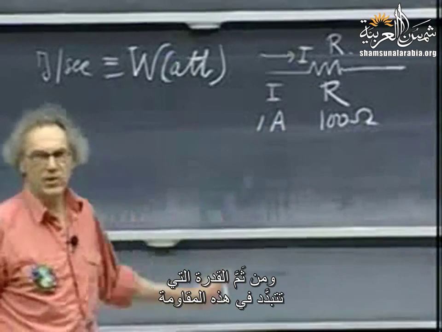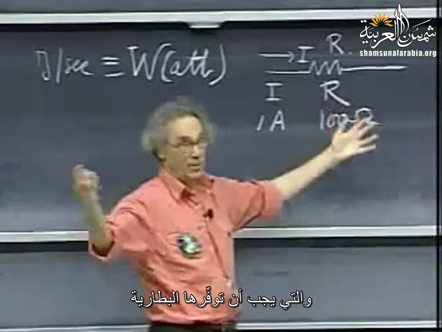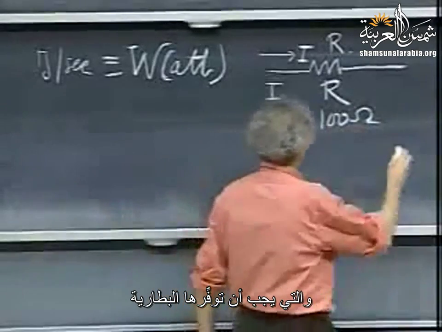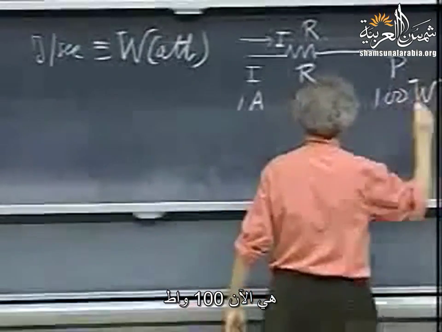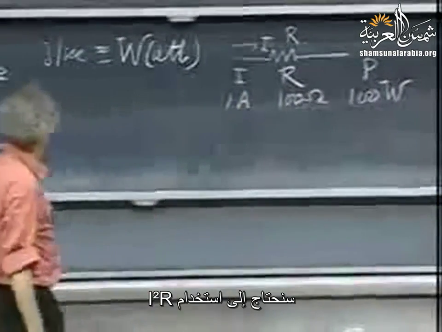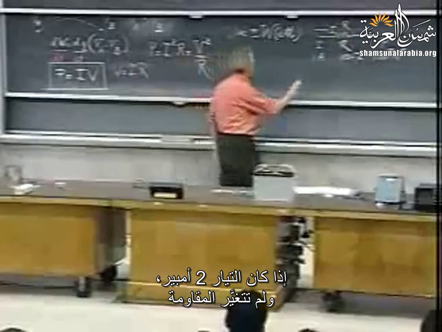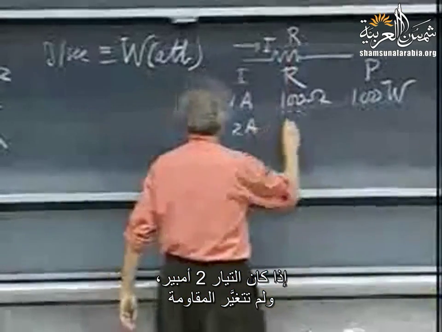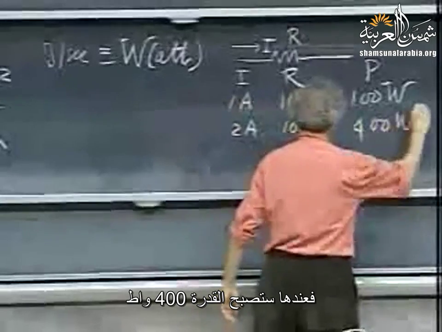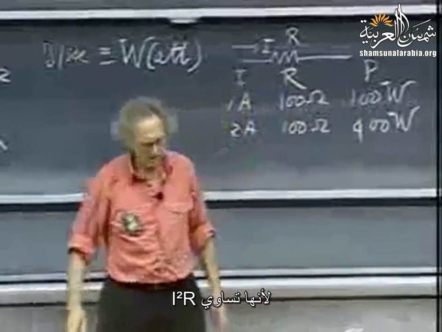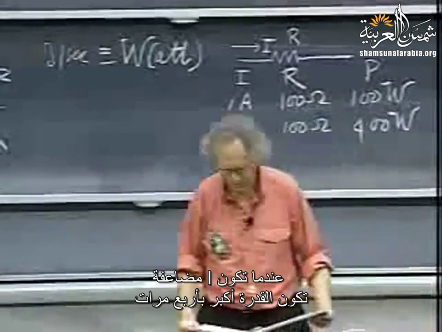Then the power which is dissipated in this resistor has to be provided by your battery. That power P is now 100 watts. I squared R, if you want to use this. If it is 2 amperes, and you don't change the resistance, then it becomes 400 watts. Because it's I squared R. I doubles, the power becomes 4 times higher.